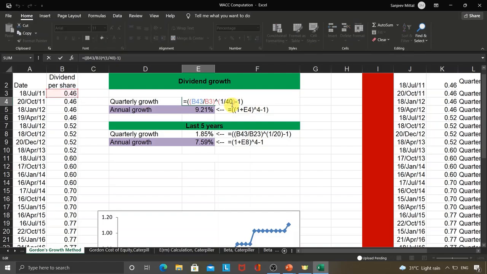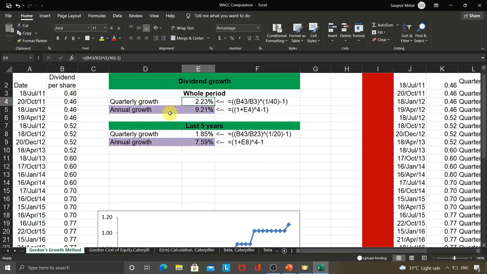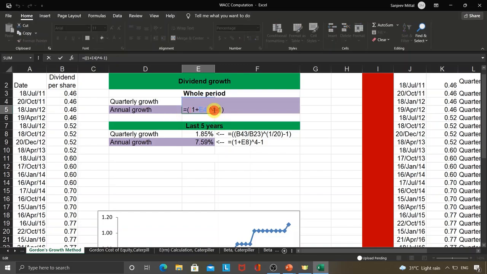Now, there is a 40 period time here. 40 periods means that there are a total of 40 quarters in these 10 years, because every single year has 4 quarters. If we try to convert this quarterly growth rate into an annual growth rate, we simply raise the quarterly rate to the power 4, because every year has 4 quarters.